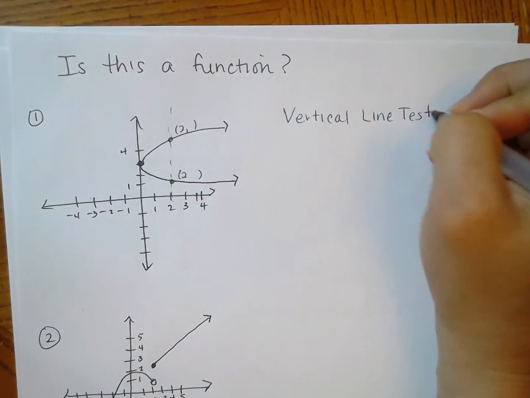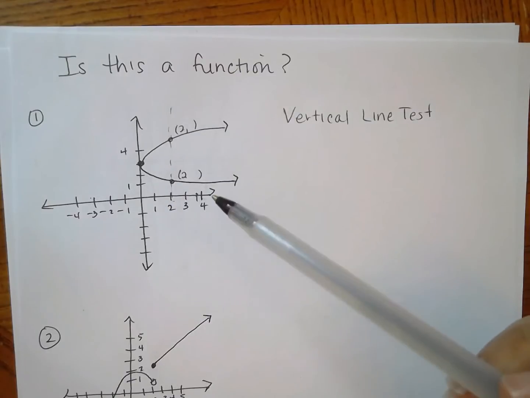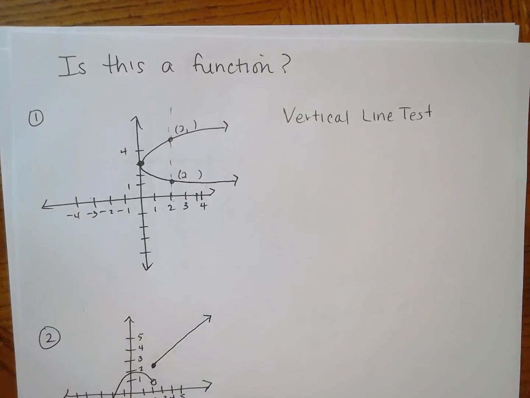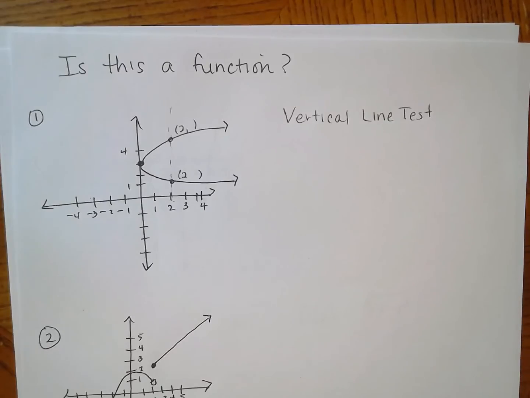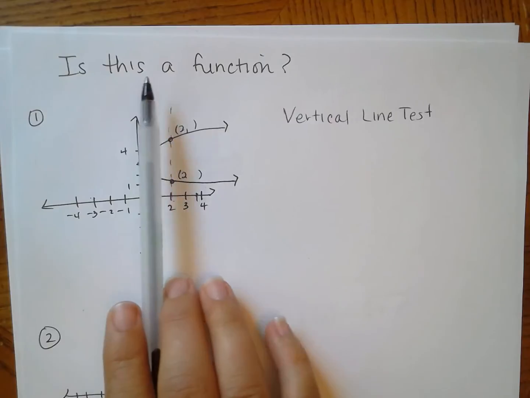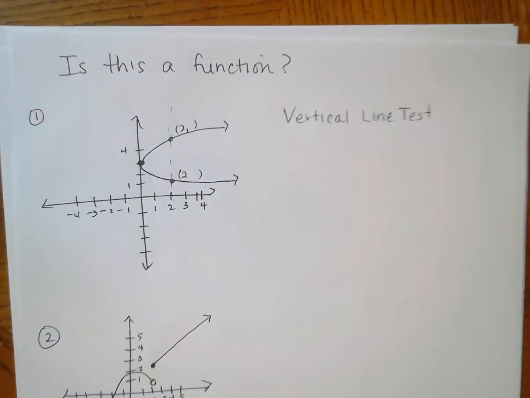So if I end up with some value of x that's going to match up with more than one value of y, which would make it not a function, then visually it looks like these 2 points are on the same vertical line. So we use this idea of a vertical line test that basically tells us that if we can imagine a vertical line passing through our graph, and it looks like it's going to hit our graph in more than one place, then this is an indication that it's not a function.